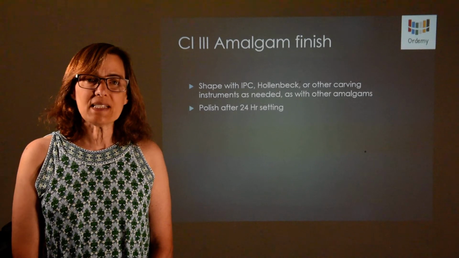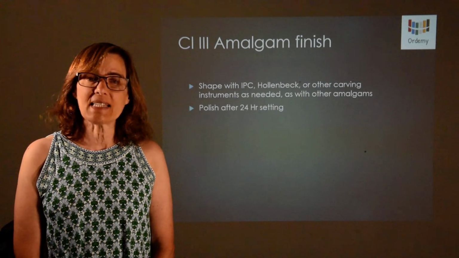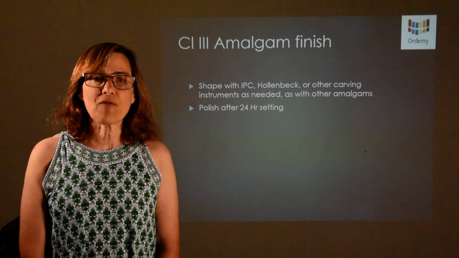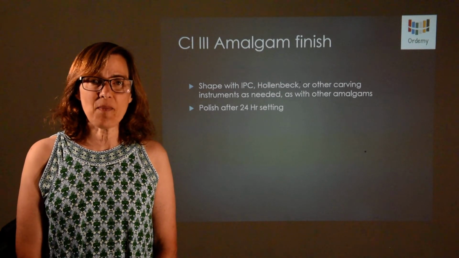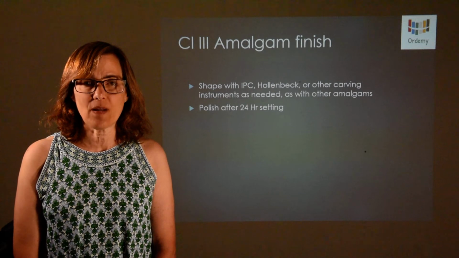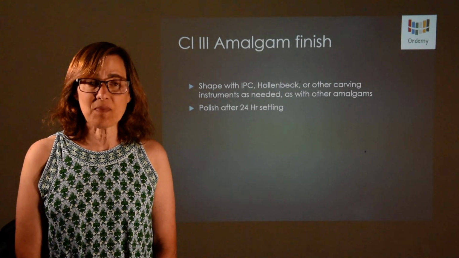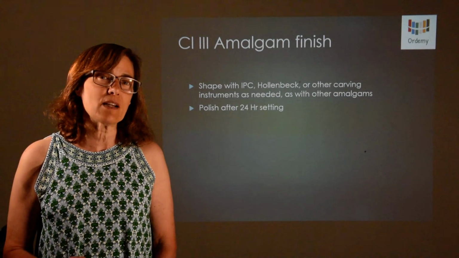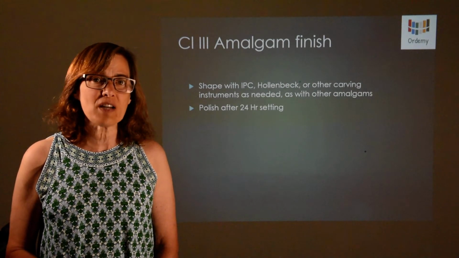So the preparation itself is finished, and now it's time for you to fill the preparation. Therefore, you are going to condense the amalgam by triturating it. Once it is completed in its trituration, it should have a semi-gloss film.